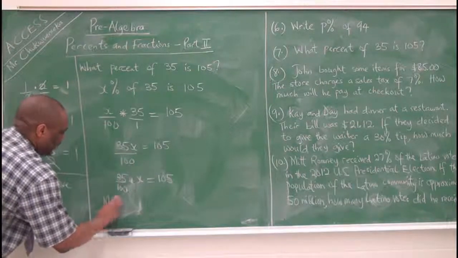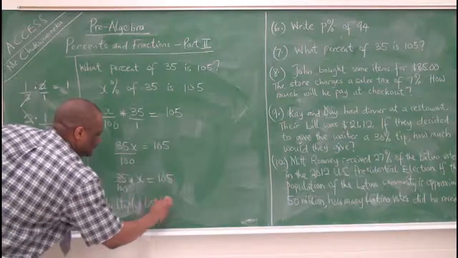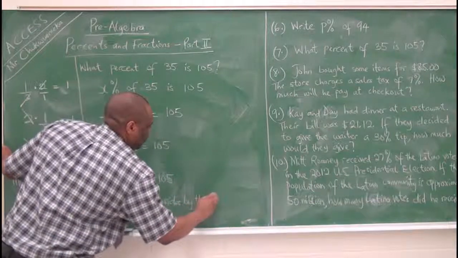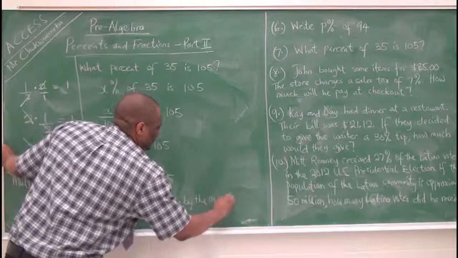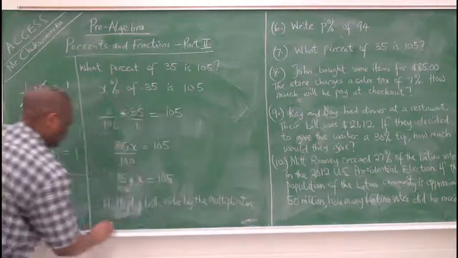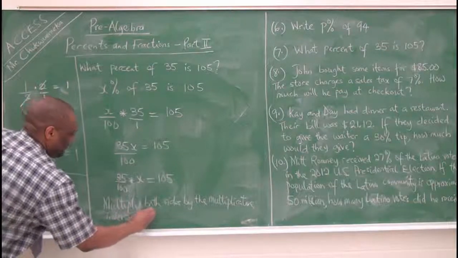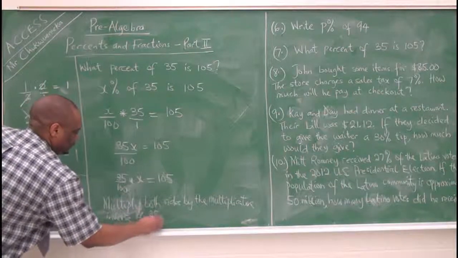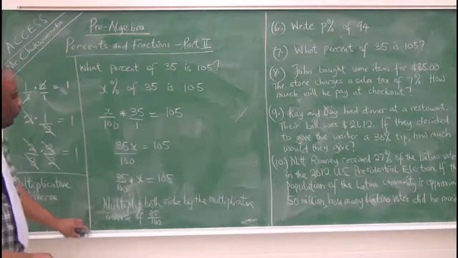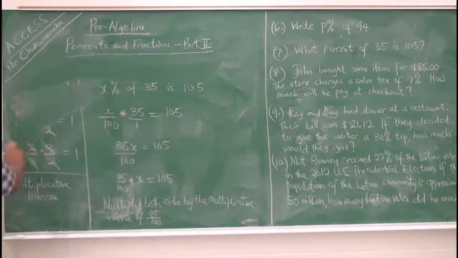So you just write, multiply both sides by the multiplicative inverse of 35 over 100. I will have to erase this so that I will have some space to write.